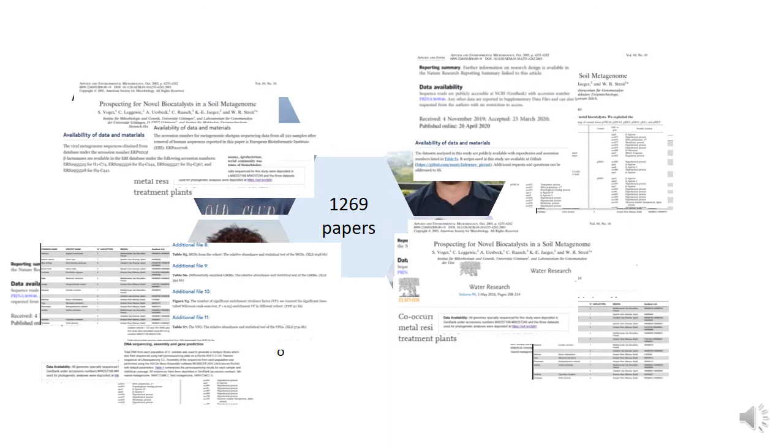We searched everywhere in the article, from the supplementary material to data availability statements, for accession numbers in a total of 1,269 papers. Where we could not find accession numbers, we gave the papers to somebody else, and 2 other people checked if these articles really did not report accession numbers.